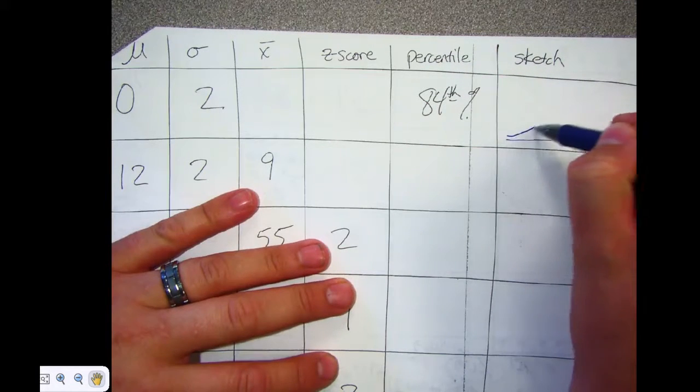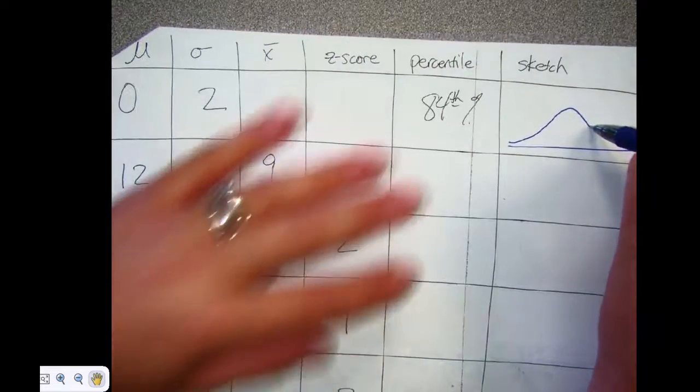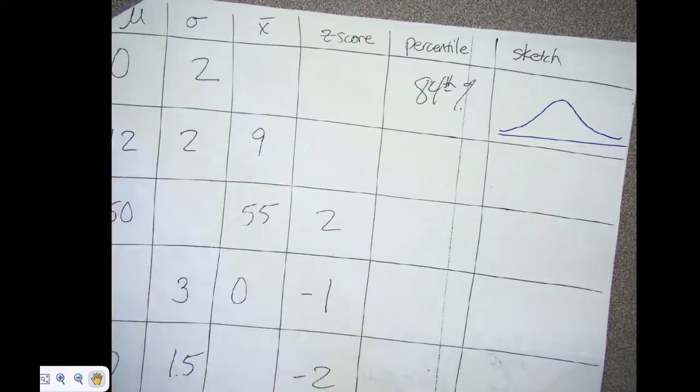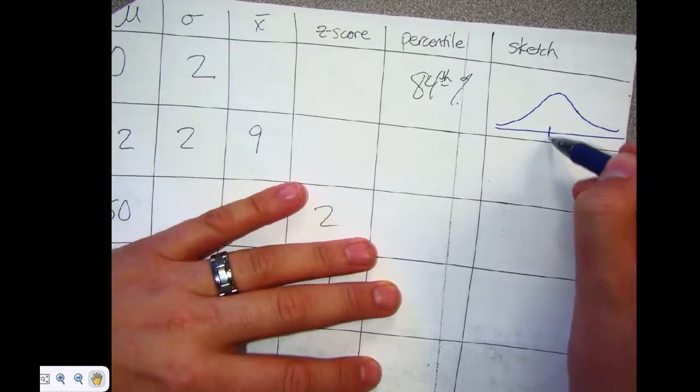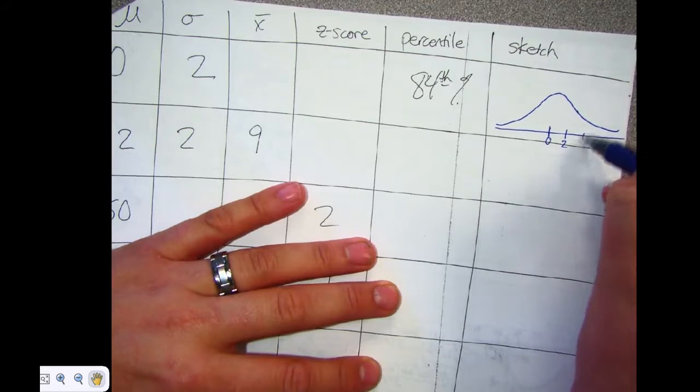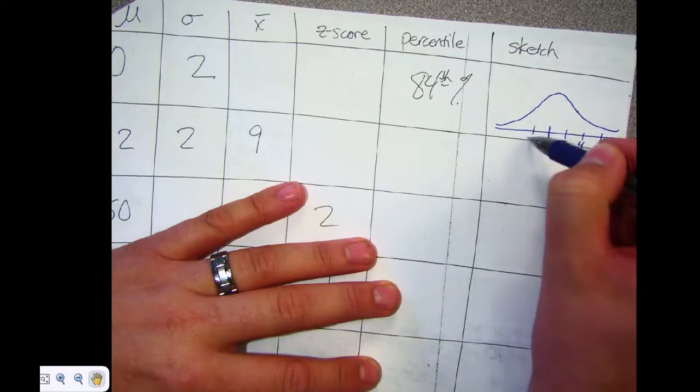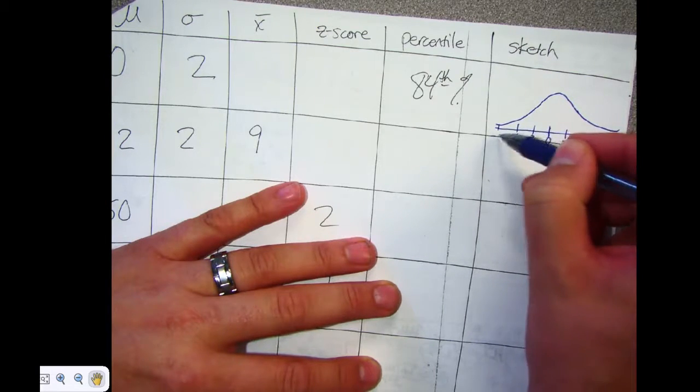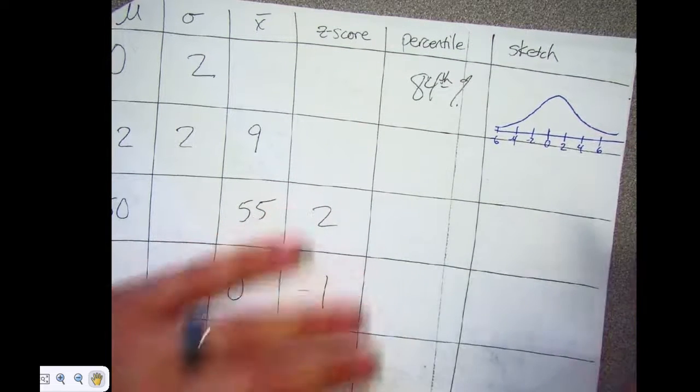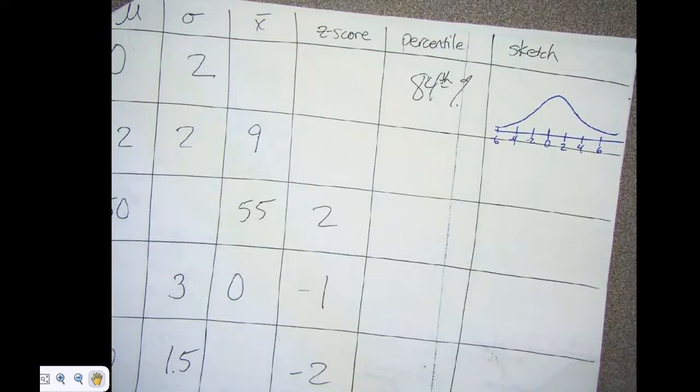The mean is 0. Standard deviation is 2, so I can start writing that stuff on my graph. And then I just gave you the percentile. So you've got to use the empirical rule to figure out where that percentile puts us on the graph.